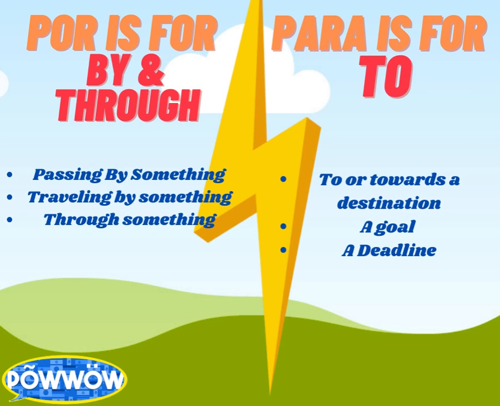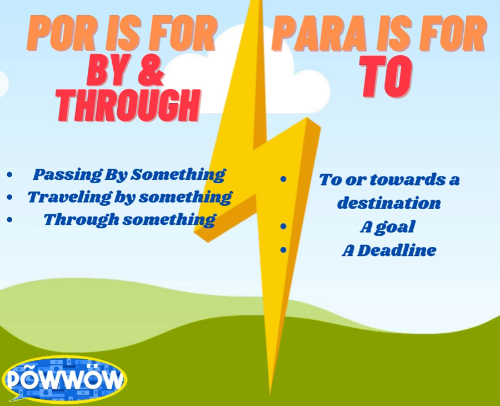Let's continue. Por is for by and through, and para is for to. So por being used for by and through. This is when, for example, you are passing by something. You are passing by McDonald's, or you're traveling by airplane.